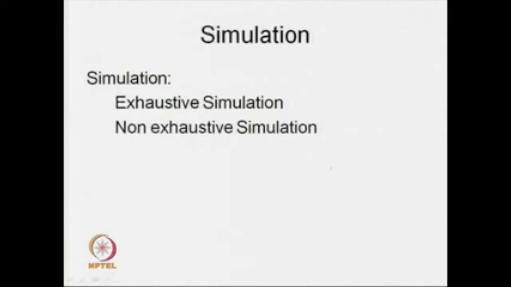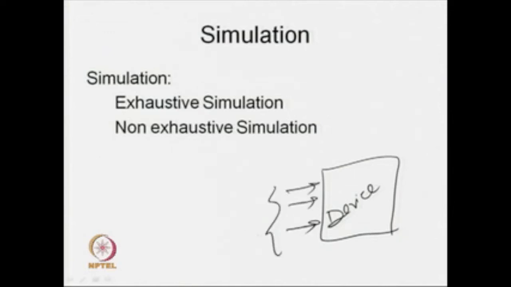In simulation, we think that this is my device, I have designed it, and it has several inputs, and depending on the input pattern we should get the desired output. So, we check the desired output with respect to the input pattern. This is a basic simulation. We have a simulation model of our device and check it, and if we find it correct, then we go for fabrication.